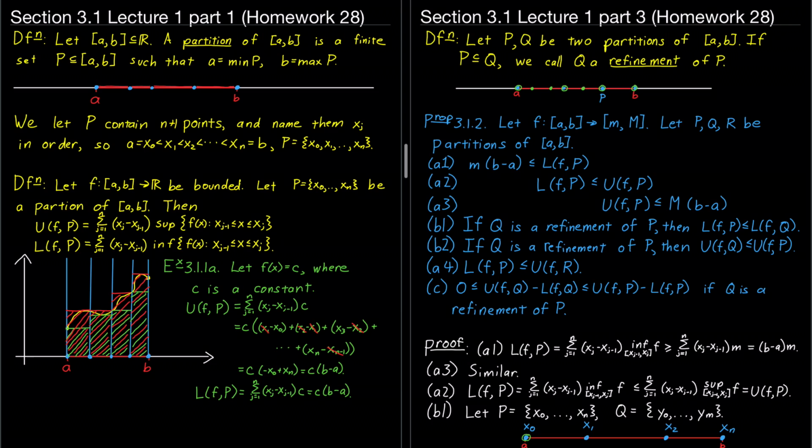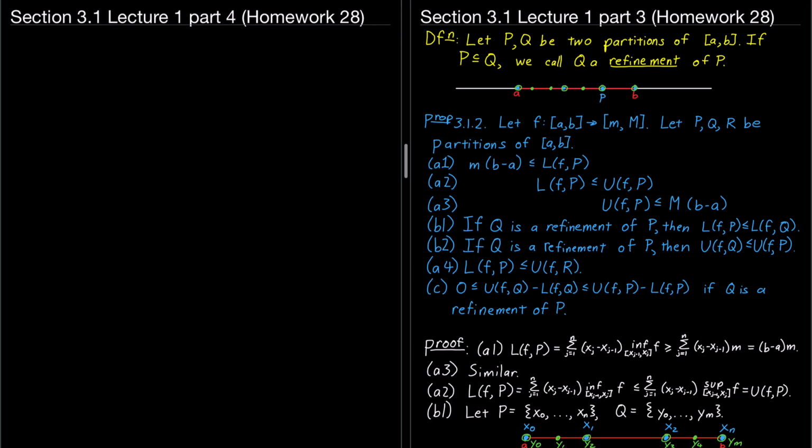And then we've got a y naught, maybe y1 is here, y2, y3, y4, then ym. In this case, n is 3 and m is 5, but it could be lots of different things. So remember, we're just throwing in a few more points. Sorry, that Q is a refinement of P means that Q is just P with some extra points thrown in.